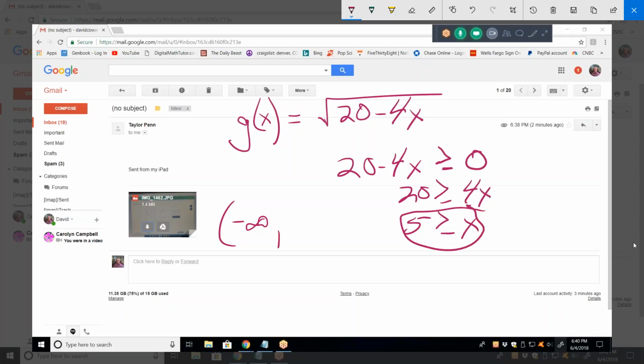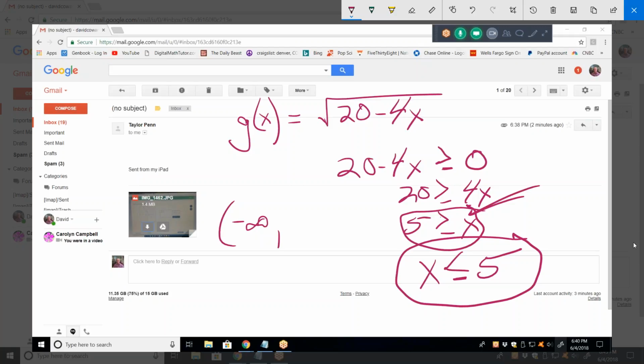Okay? If I want to turn this around and display it like I'm more used to, just switch the sides and switch the sign. Now, this doesn't confuse anybody, that number less than 5. For some reason, just because we're not used to seeing inequalities with the variable on the right side, this is more confusing.